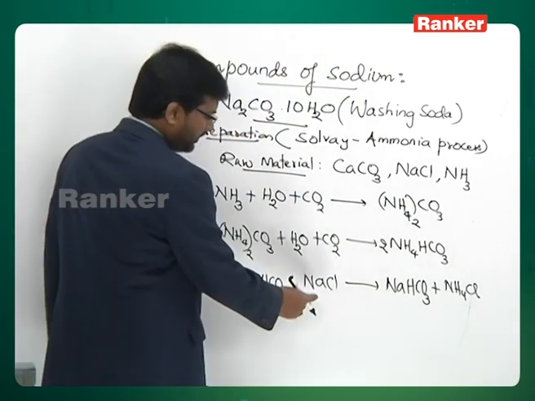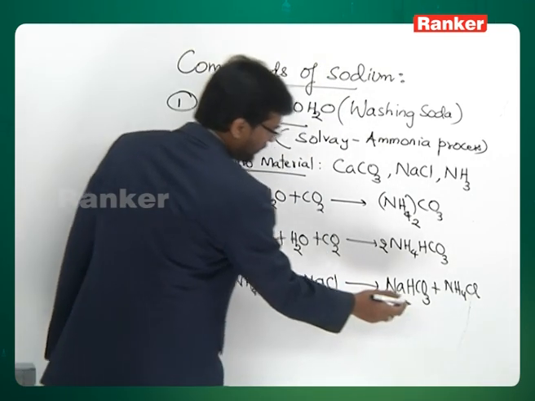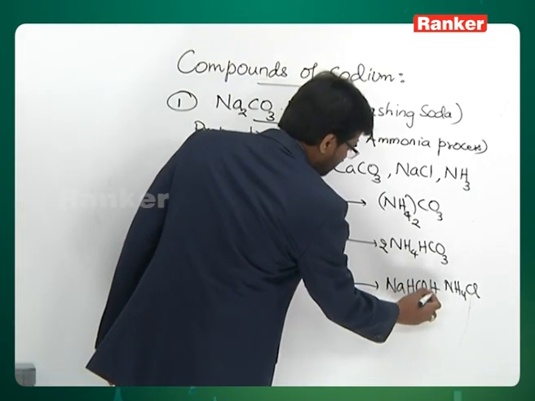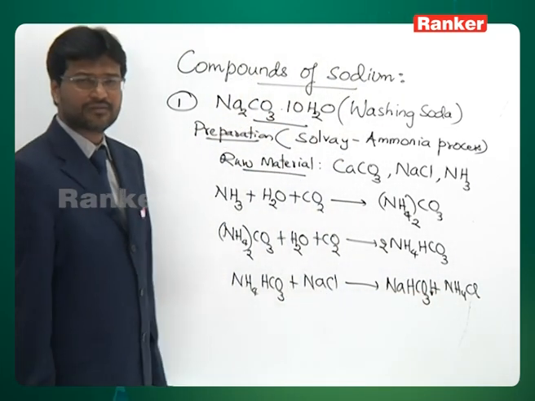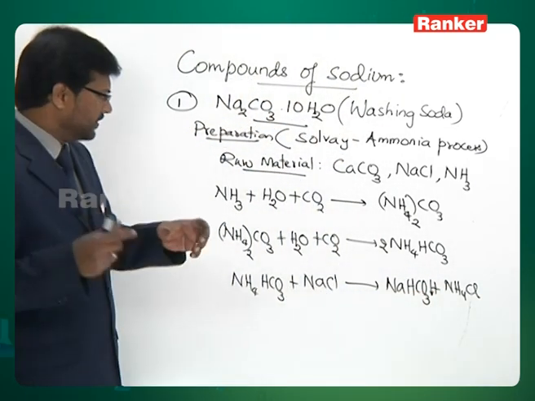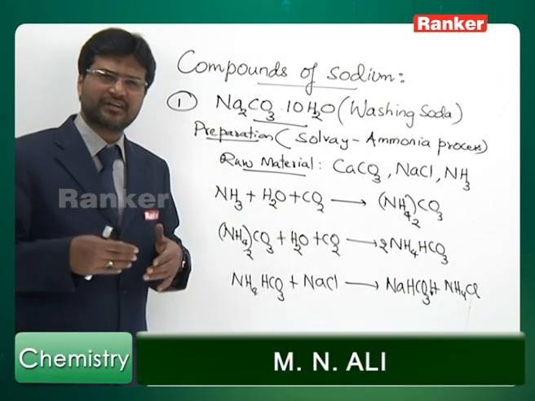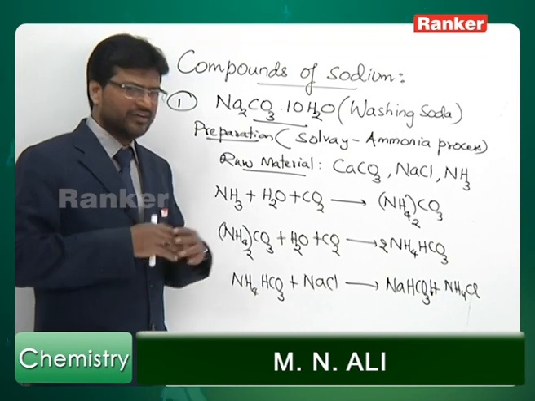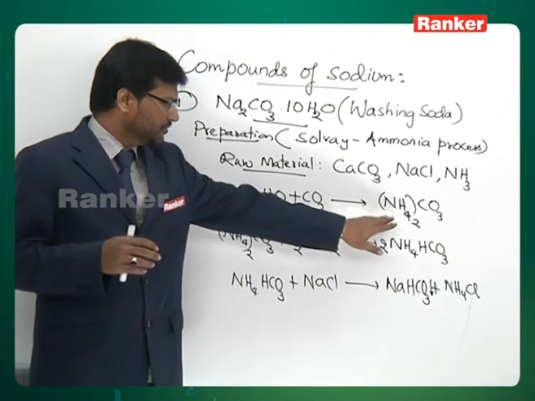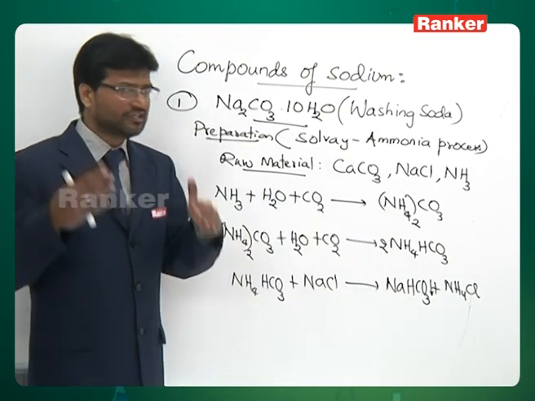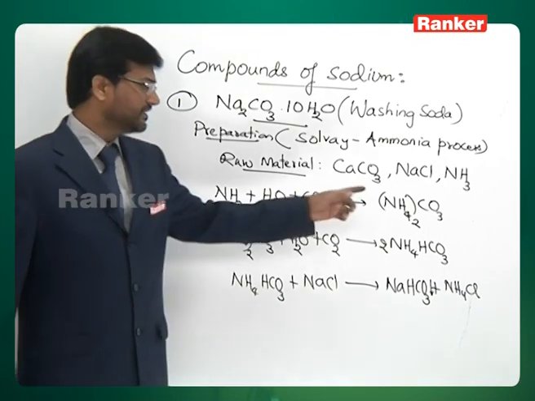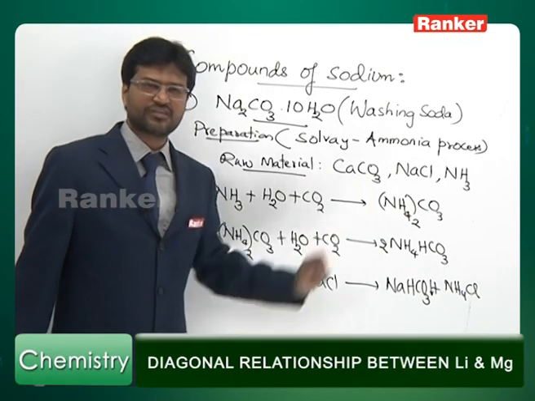Due to common ion effect of sodium chloride, sodium bicarbonate forms precipitate. I'll tell you once again, in aqueous solution of sodium chloride, we are constantly passing ammonia and carbon dioxide gases. Due to this, you get ammonium carbonate formed in the solution. It will not come out as a precipitate. It exists as NH4 plus and CO3 2 minus.